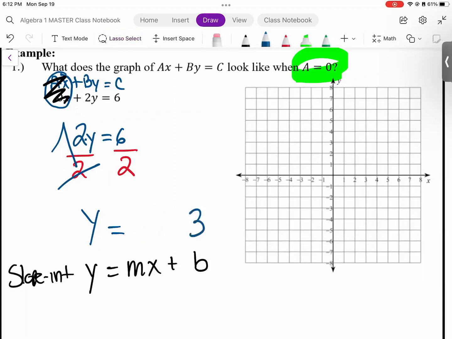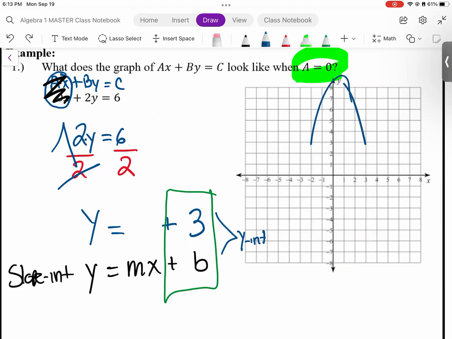And technically, my 3 is a positive. So what do you notice about my result in the slope intercept form? Well, hopefully you notice that the 3 represents your b value, which means that your y-intercept is at 3. So I'm going to go to my y-axis, and I'm going to put a dot at 3.